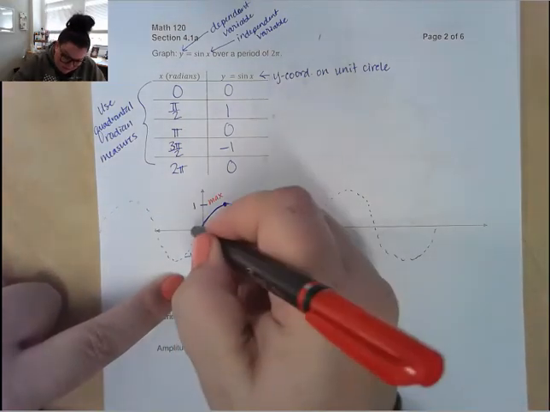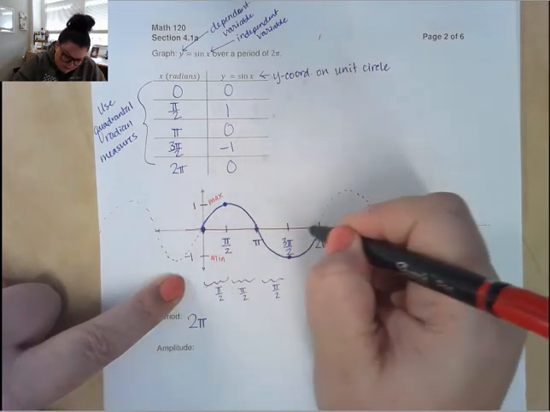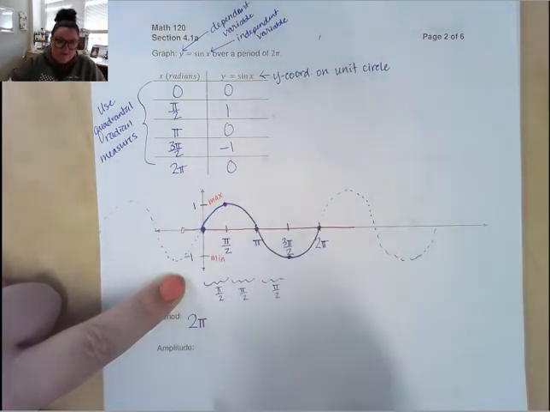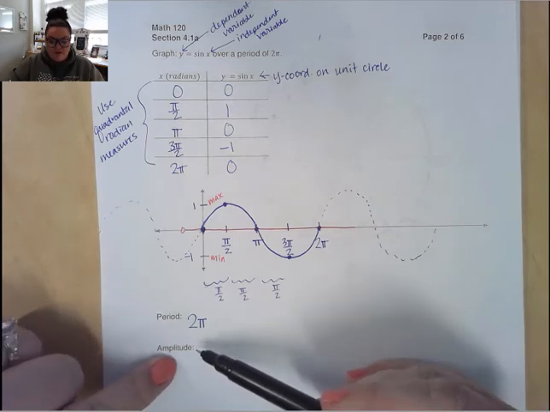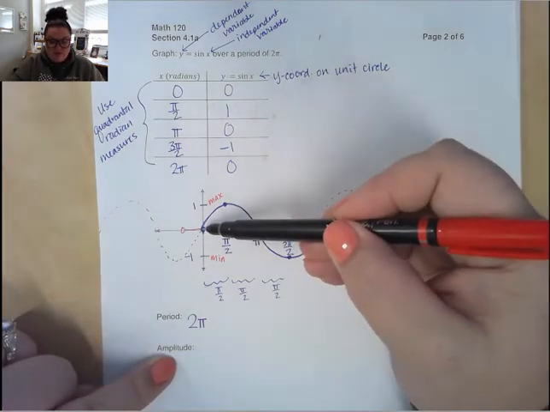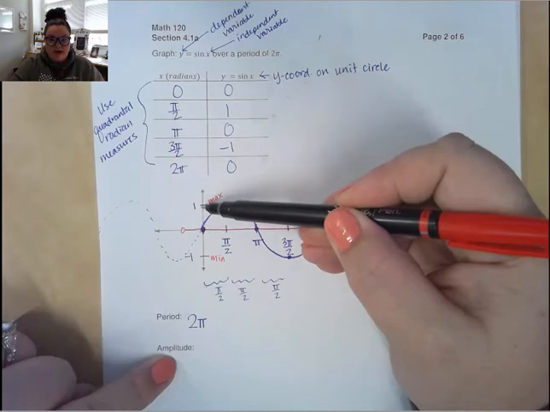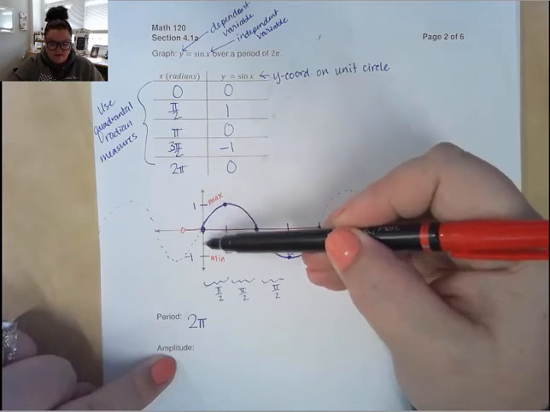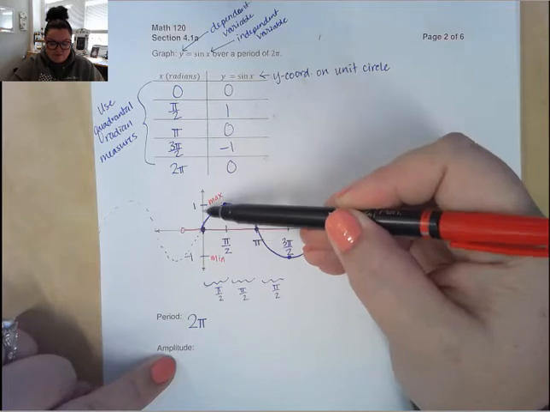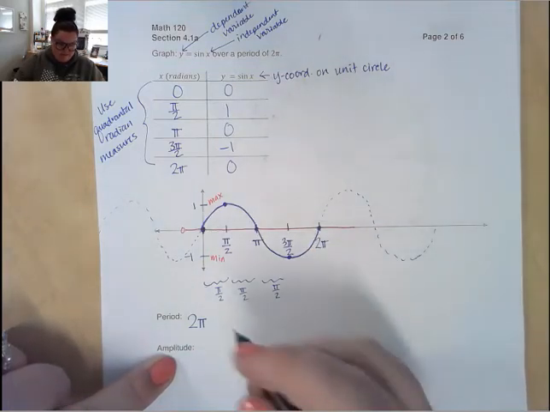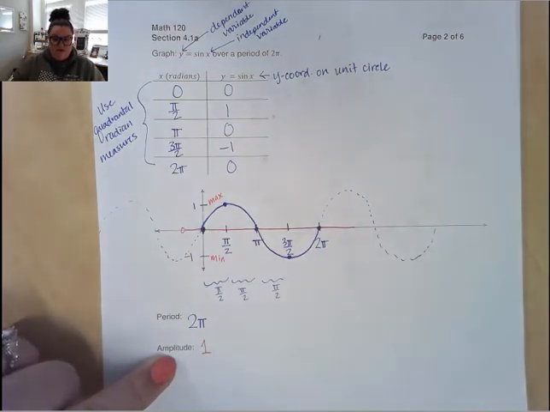So that means our vertical center is at 0. So amplitude is the distance from our vertical center up to our max, or our vertical center down to our minimum. We can see here from our vertical center to either of those values, it's a distance of 1.